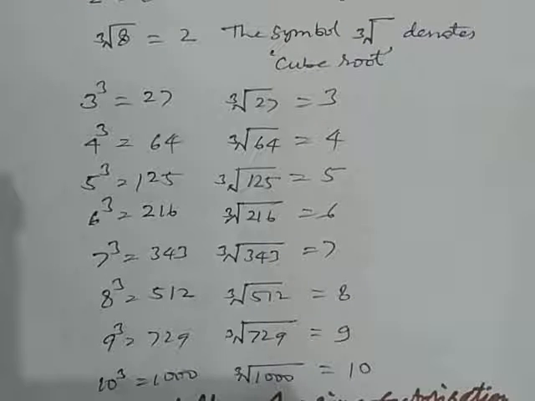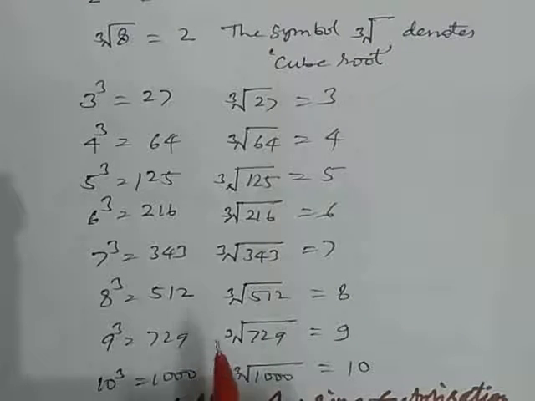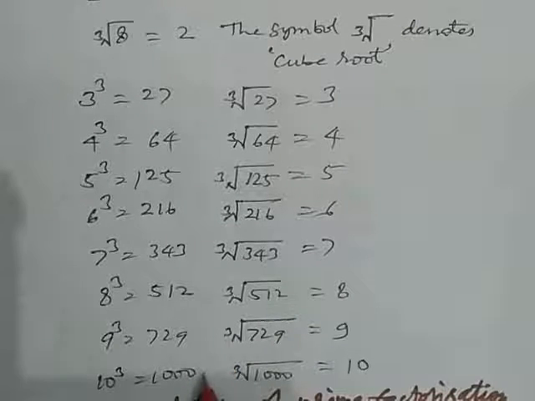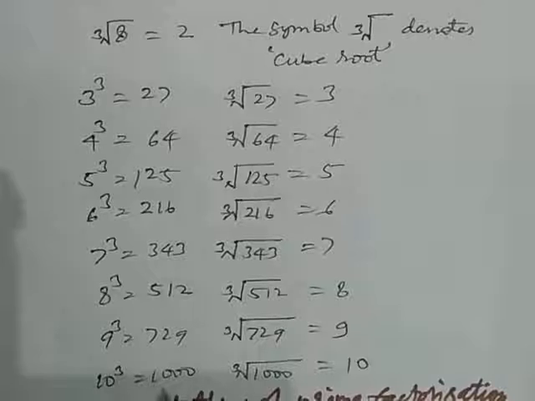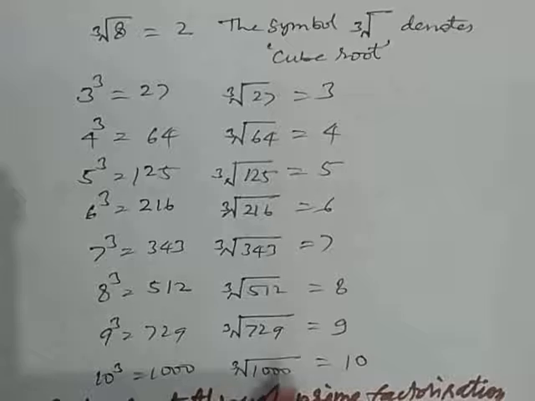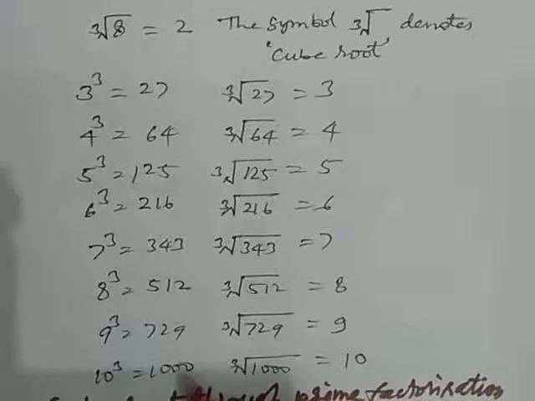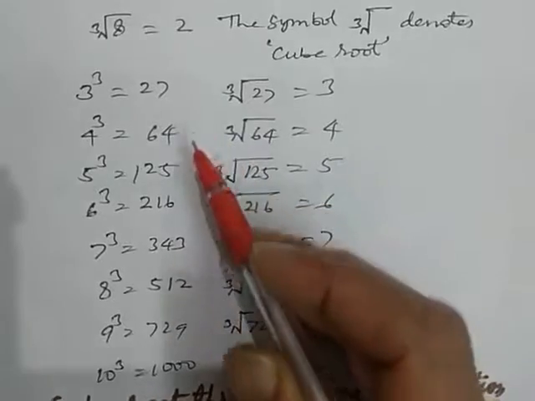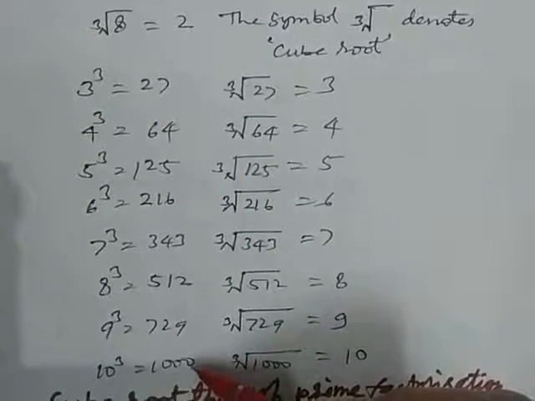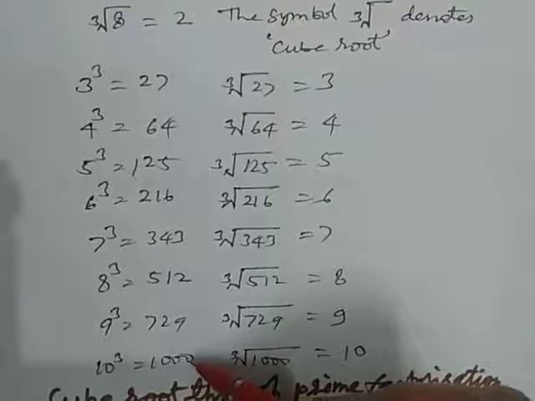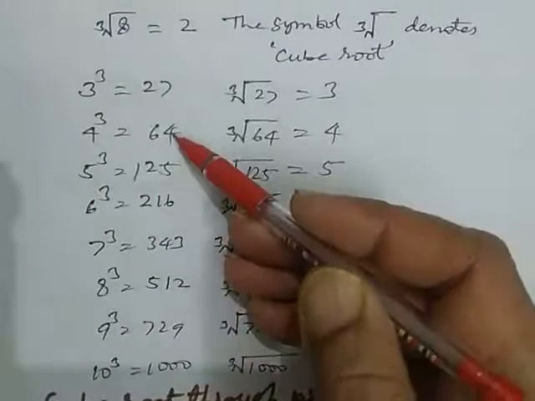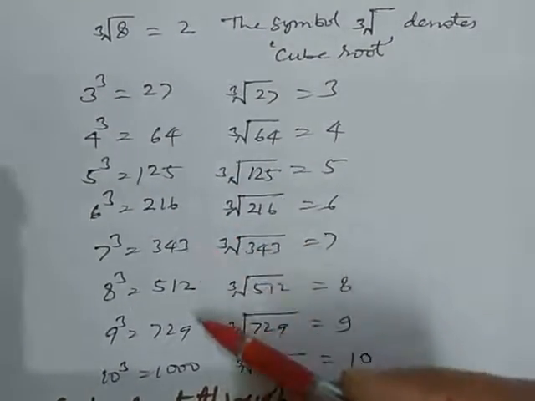So we only know that the inverse operation of cube is cube root, and almost all digits come in cubes. Here 0, and the cube of 1 is 1, and here 2, 3, 4, 5, 6, 7.